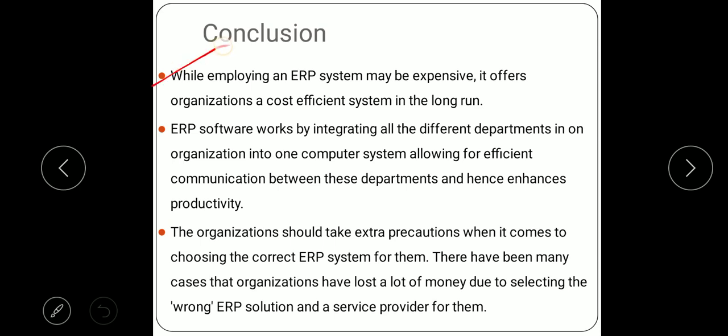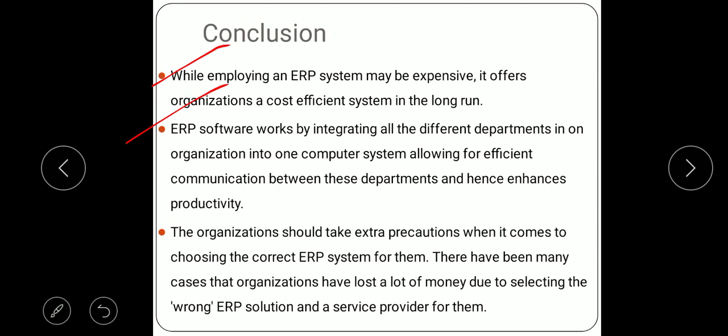Next one is ERP software works by integrating all the different departments in an organization into one computer system, allowing for efficient communication between these departments and hence enhances the productivity. The organization should take extra precautions when it comes to choosing the correct ERP system for them.